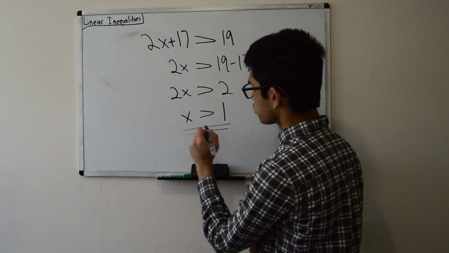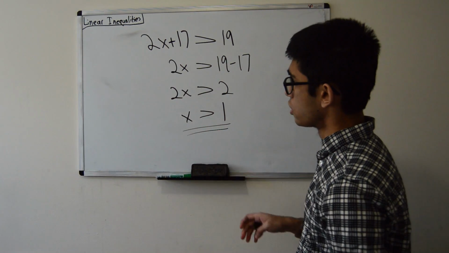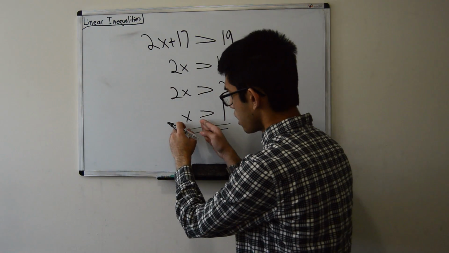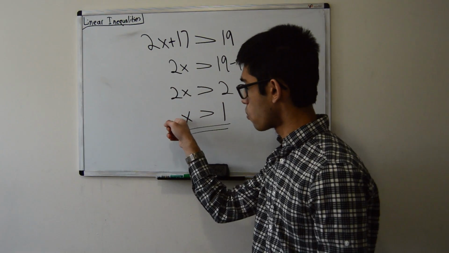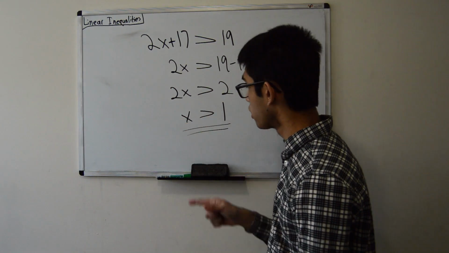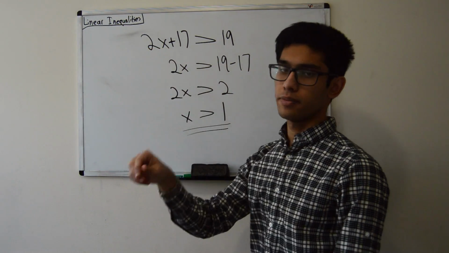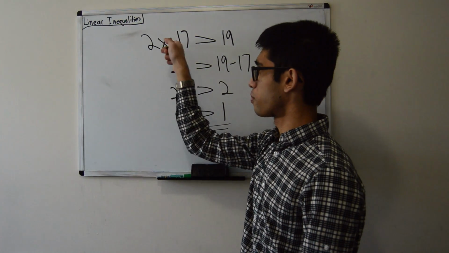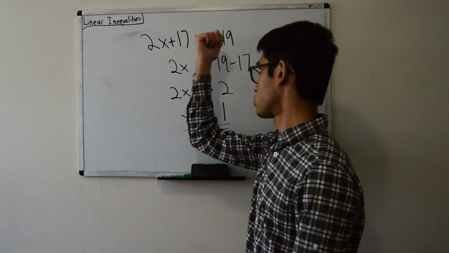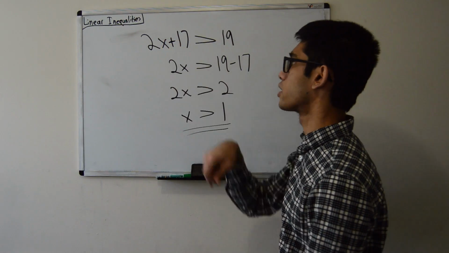So let's look at the answer that we really found. What we're saying is that any number for x that's greater than 1, not equal to, greater than 1, will satisfy this inequality. So if we plugged in 2, 2 times 2 is 4, 4 plus 17 is 21, so 21 is greater than 19.